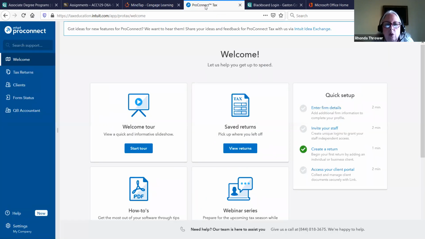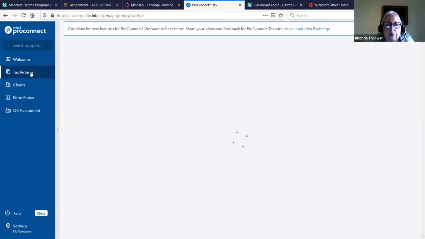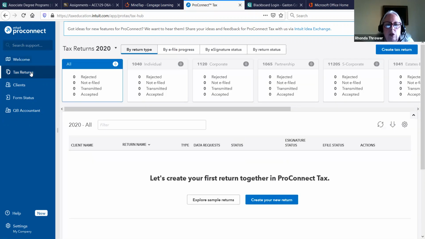and we're going to start where we left off. Remember, when you come back into ProConnect from working from a previous chapter, it'll bring you to this menu right here. And we were working on a tax return. So I'm going to click on tax return.